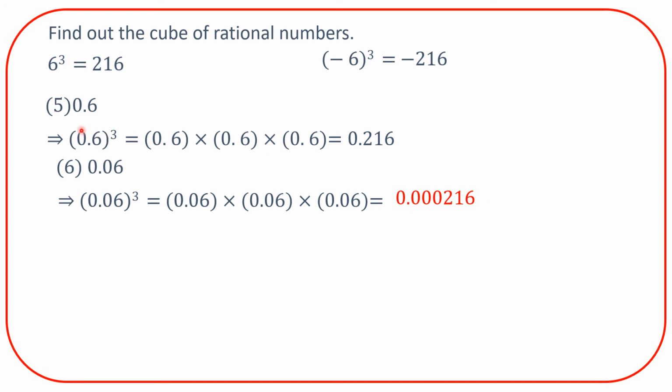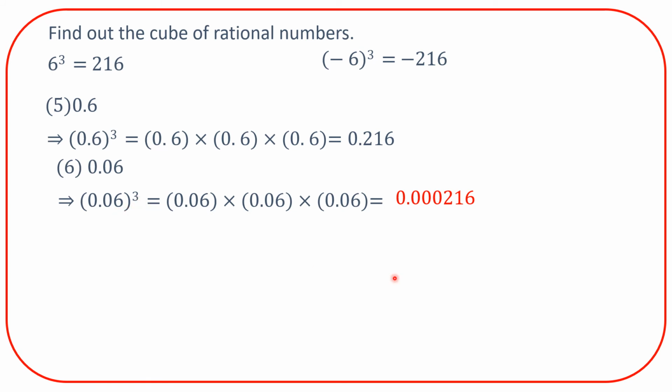Means whenever in the question there is 1 digit after the decimal, in the cube there are 3 places after the decimal. Here in the question there are 2 places after the decimal.